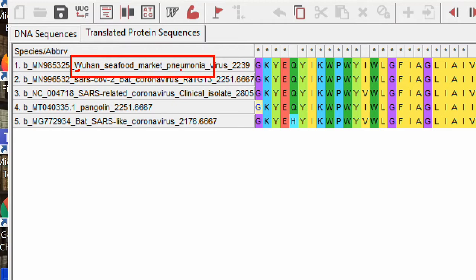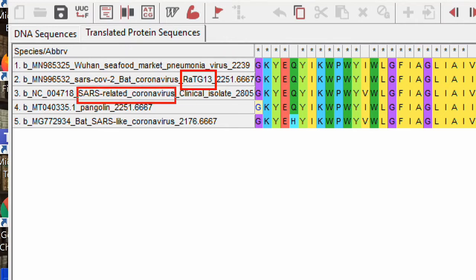Then we've got this famous, rather infamous bat RaTG13, bat coronavirus, the closest relative to SARS-CoV-2 in terms of the S protein. Then we have the SARS-1 sequence, then pangolins. And we have also one more bat SARS coronavirus.